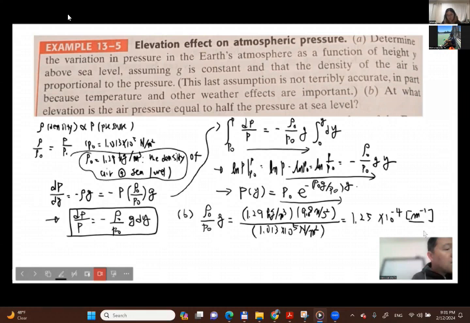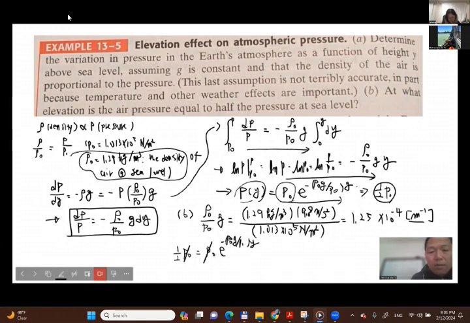Now the condition is: at what elevation is the air pressure equal to half of the pressure at sea level? So the pressure P becomes half of the pressure at sea level. P should be one half P naught. You plug that in, then one half P naught equals P naught times exponential of minus rho naught g over P naught times y.